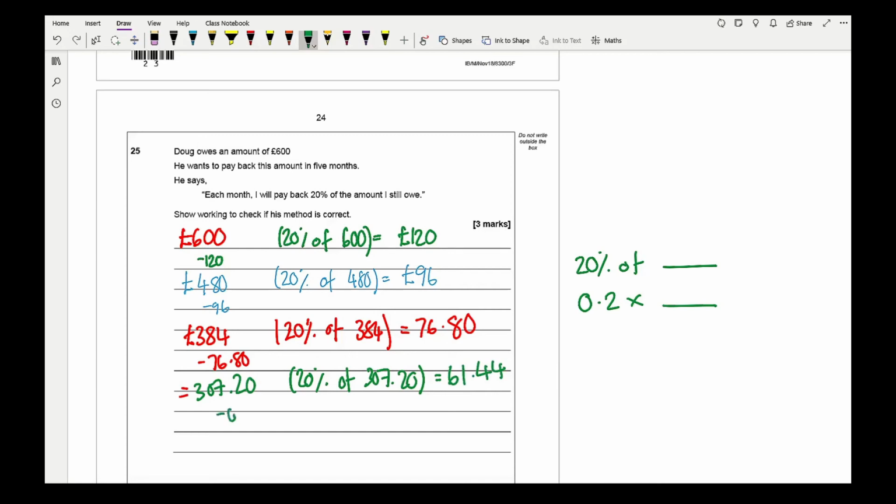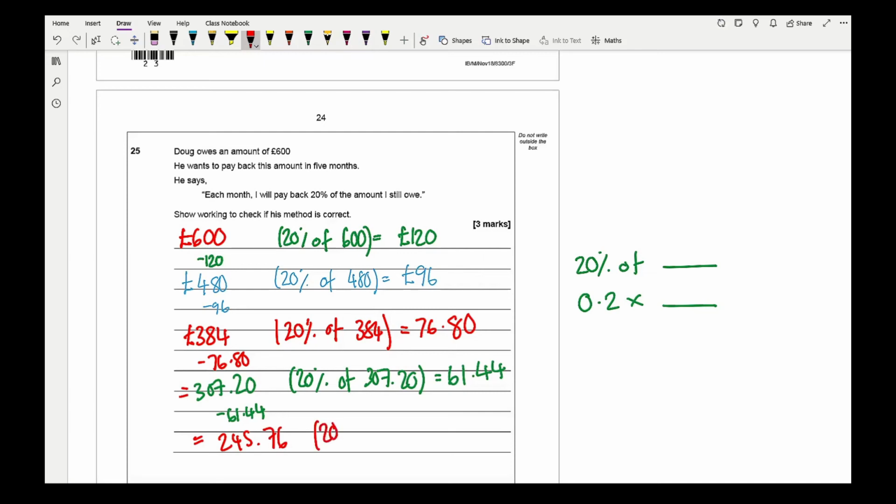So if I take that away, 307.2 take away £61.44 gives me a balance of £245.76.